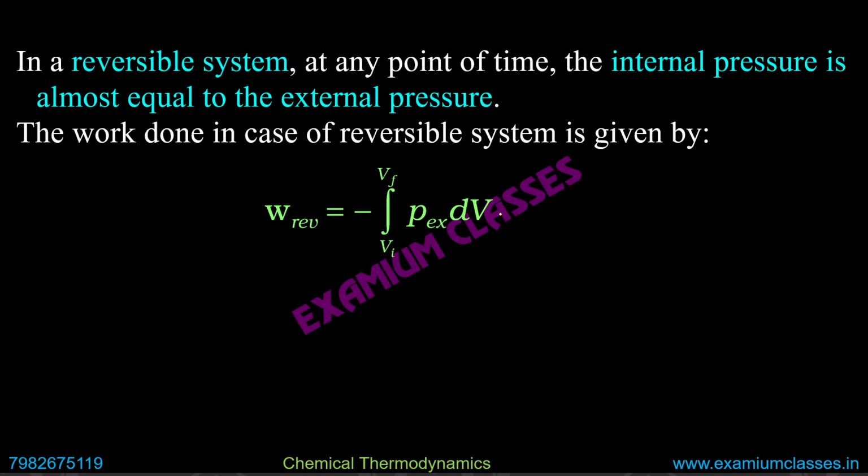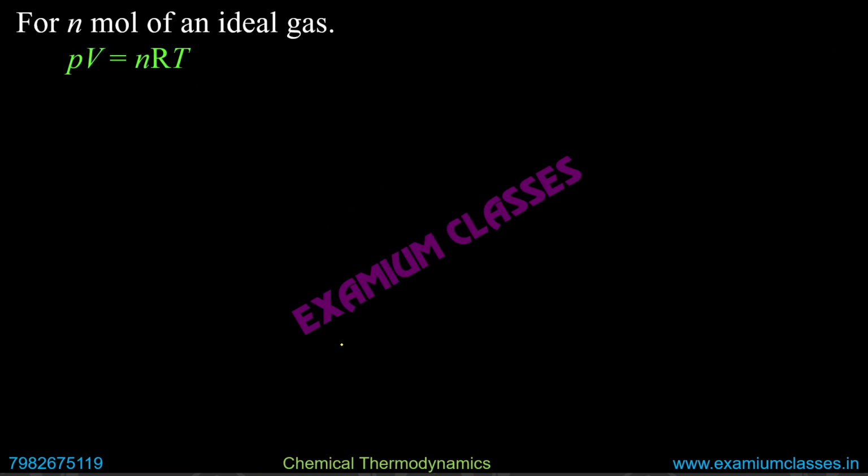But you should remember this one also, because questions are asked directly based on this form of formula, although not calculations. Here, because P external is equal to P internal, we can write it as P internal also. So both formulas are correct because it is a reversible process.